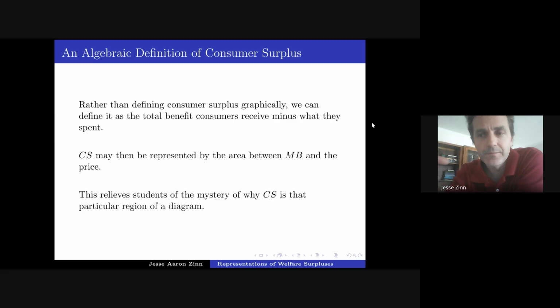It's like the net surplus they're getting, where we're netting out what they pay for each unit of the good, accumulated over all the units they're buying. And this illustrates why consumer surplus is that area on the diagram, below the demand curve and above the price.